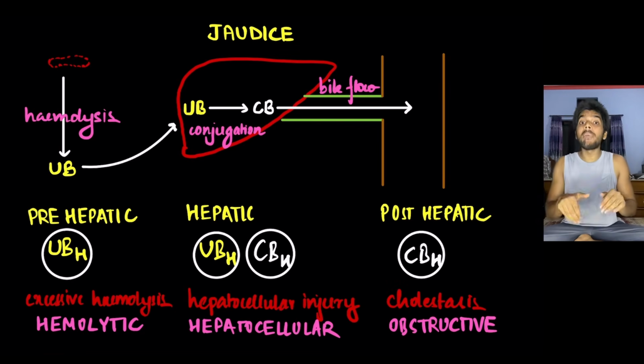Within the liver, the pathological defect that occurs is hepatocellular damage, either due to hepatitis like viral hepatitis or liver cirrhosis. So jaundice due to hepatocellular damage is referred to as hepatocellular jaundice. After the liver, the pathological defect that leads to jaundice is obstruction in the bile flow, which is also referred to as cholestasis. So the jaundice is also referred to as obstructive jaundice.